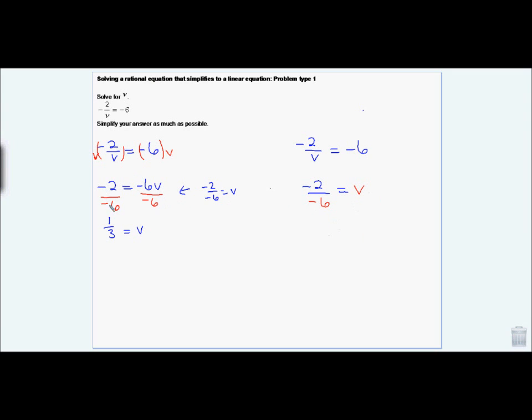Which is kind of what we had right here once these 6's canceled, giving me v equals 1/3. Both methods are completely correct. This method is basically doing all of this just sort of in your head.